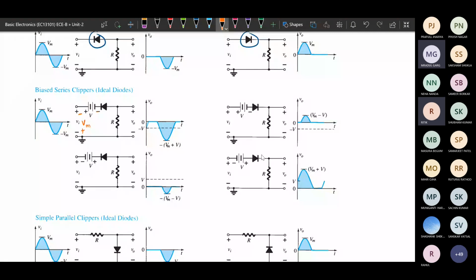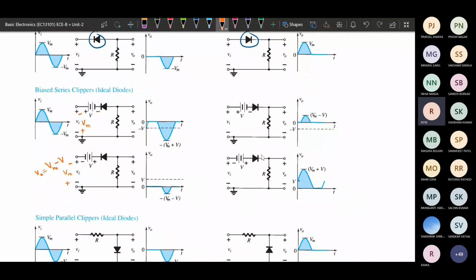Suppose we are applying the voltage such that it is in the opposite direction. So for the positive half it is in the same direction, but in the negative half it is in the opposite direction. But as it is a positive clipper, in the negative direction the output is maximum, and it will be minus V because it is in the opposite direction.